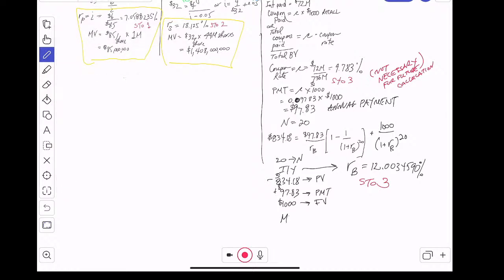So market value would be the 736,000 bonds times $834.18 per bond for a total market valuation of $613,956,480.